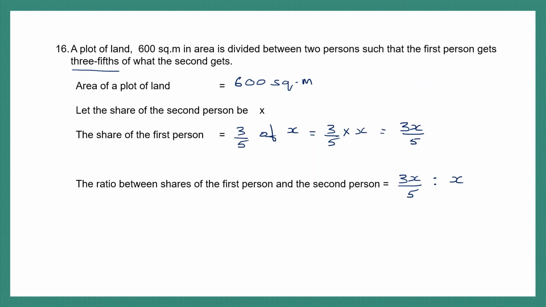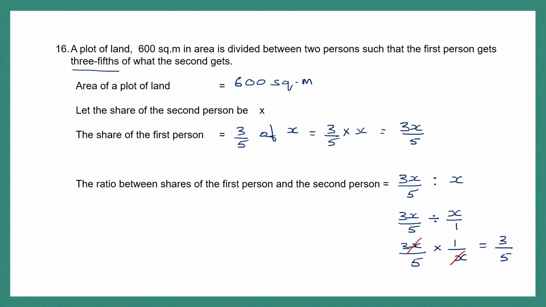So we'll write the same thing as division. 3x by 5 divided by x by 1, which is 3x by 5 into 1 by x. Okay, now it's become multiplication of fractions. We can cancel whatever we can. I can cancel the x. That's it. Now what is left is 3 ones are 3 and 5. So I have 3 by 5.